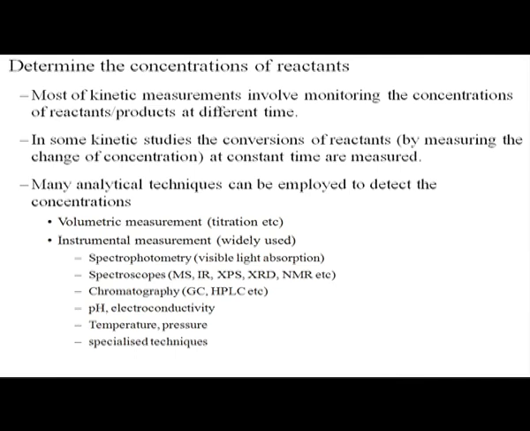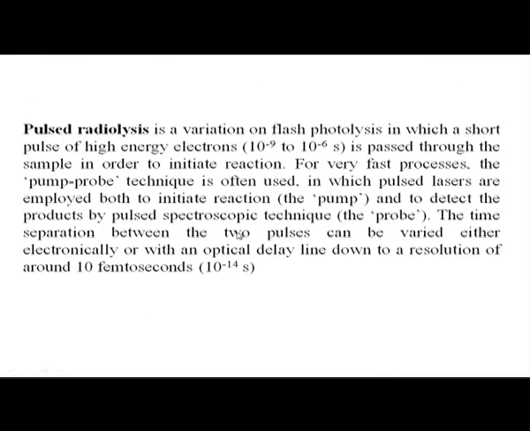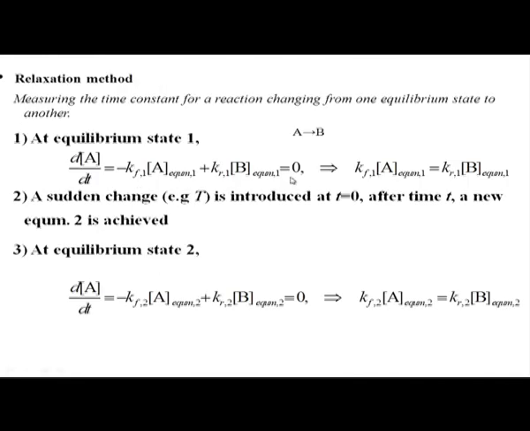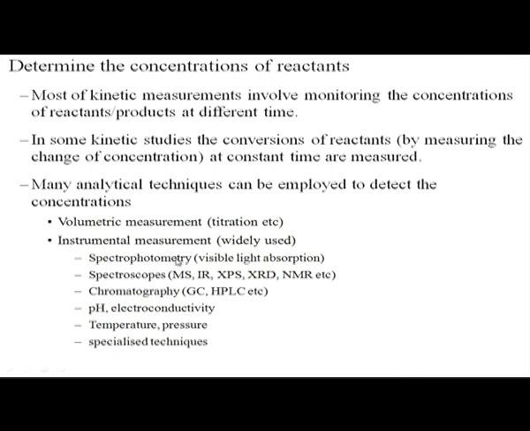I told you that using a suitable method you find out; during the first part of the lecture today, I talked about the composition of the reaction mixture being monitored at one or more positions along the tube by any suitable method. Suitable method means maybe spectrophotometry, maybe a spectroscopic method, mass spectroscopy, IR spectroscopy, X-ray photoelectron spectroscopy, XRD, X-ray diffractometry, NMR, nuclear magnetic resonance.